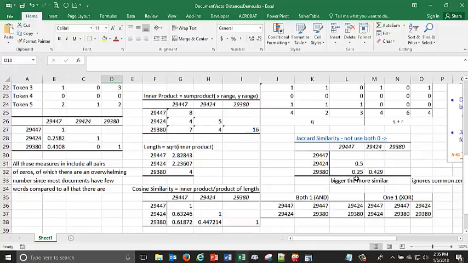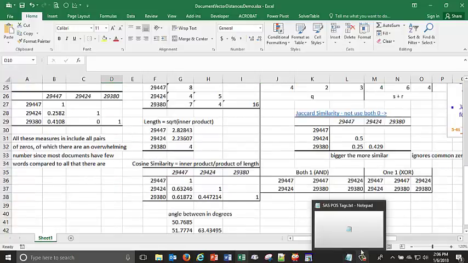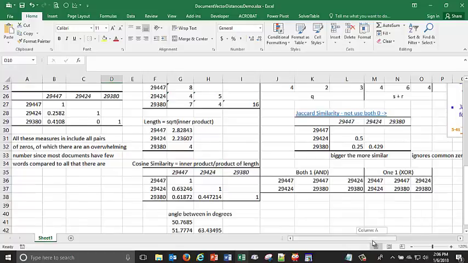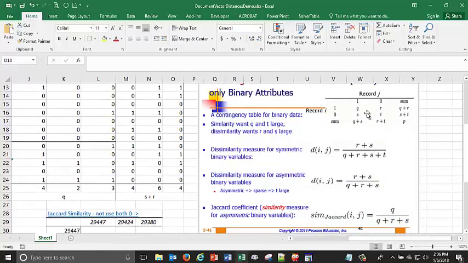So the Jaccard distance of 1 and 2 is very close, similarity. 1 and 3 is furthest apart, and 2 and 3 is intermediate. So this is a demonstration, and I've given you that same slide with the Jaccard similarity, so you can see what R, S, and Q are.